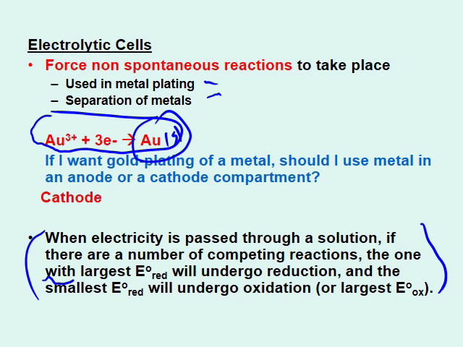The ion with the largest reduction potential will undergo reduction because that's the best receiver. So the best receiver is going to receive electrons. And the smallest reduction potential, or best group to get oxidized, is going to give up electrons.